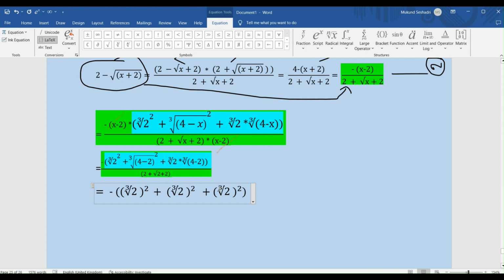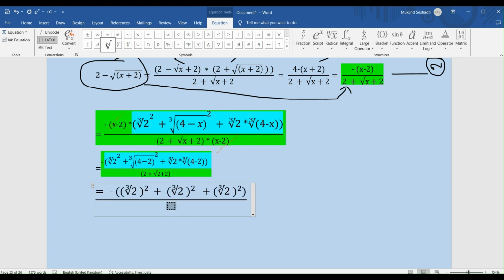And in my denominator, I have 2 plus square root of x plus 2, which is 2 plus square root of 2 plus 2, which is 4, which is nothing but 2 again.